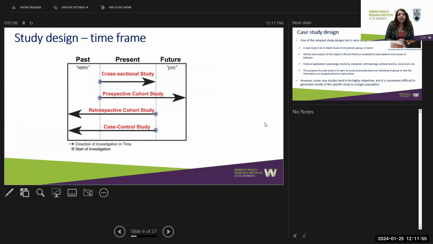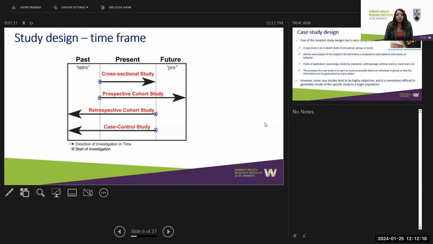So study design, the time frame. When we are asking our research question, we need to understand, are we asking this question retrospectively or prospectively? Are we asking this question at one specific time point, or are we going to look at the study longitudinally and follow up people for a long time?